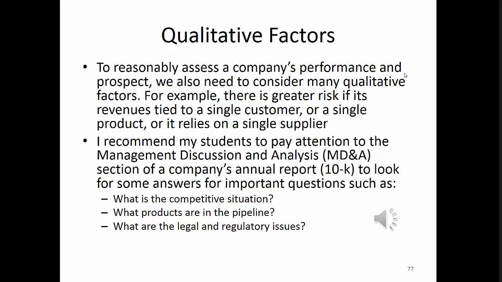I usually recommend my students to pay attention to the management discussion and analysis section of a company's annual report to look for answers to important questions such as, what is the competitive situation the company is facing? What products are in the pipeline for this company? Or what are the legal and regulatory issues that the company is facing?